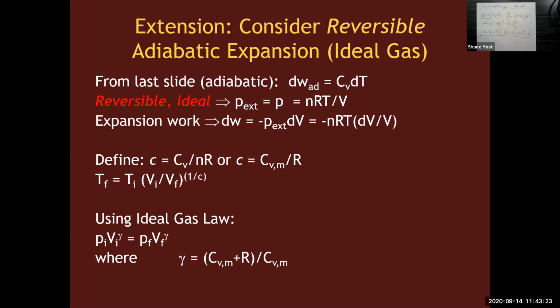Gamma equals the molar heat capacity at constant volume plus R, divided by the molar heat capacity at constant volume, which for an ideal gas is just Cp divided by Cv. For a monatomic ideal gas, it comes out to be 5/3.